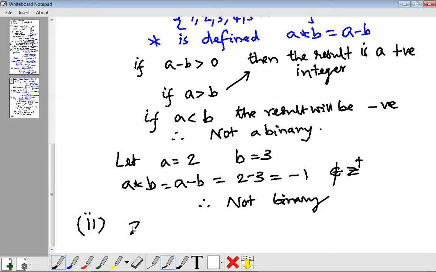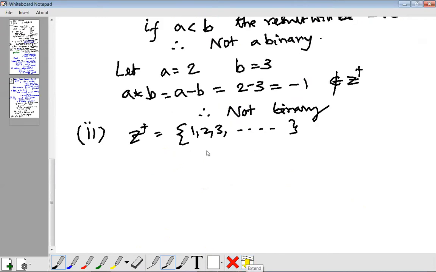So Z plus basically contains all of 1, 2, 3 onwards. So you pick up any two. You pick up A and you pick up B. Multiply them. If the result is in Z plus, then it is a binary operation. Yes, sir, it's binary.